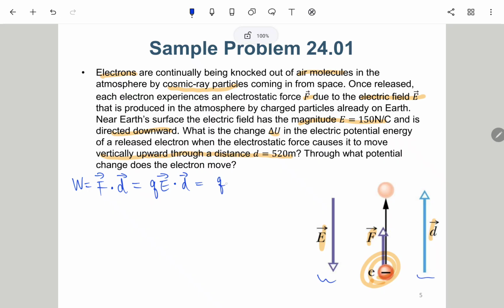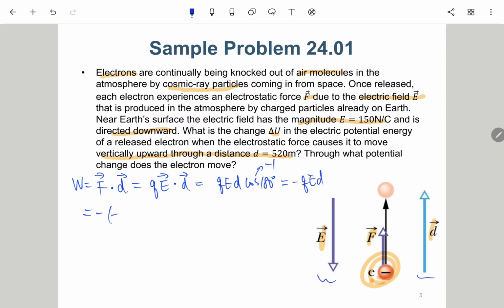We can see E and d actually point in opposite directions. So we have Q times E times d cosine of 180 degrees, since there is 180 degrees in between. This is -1, so we have a negative QEd. Then we can plug in all the numbers.